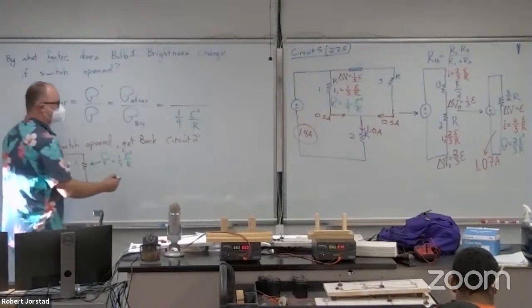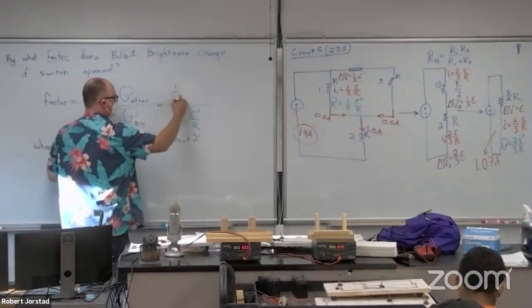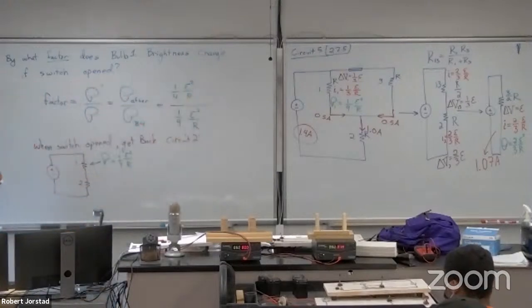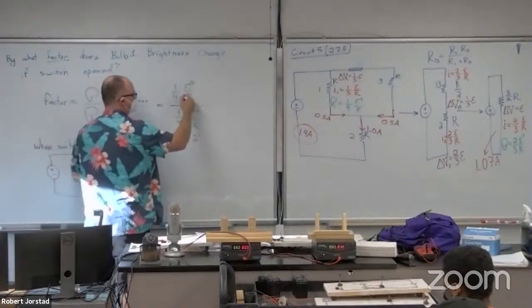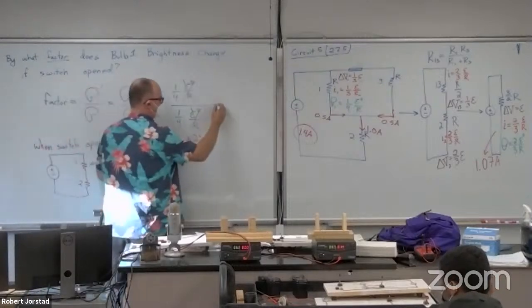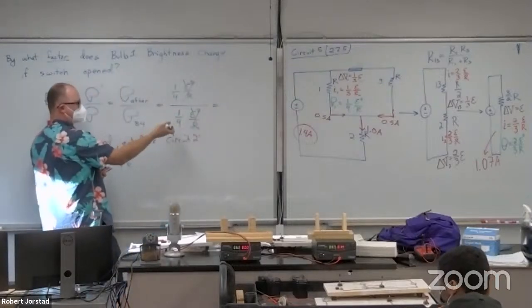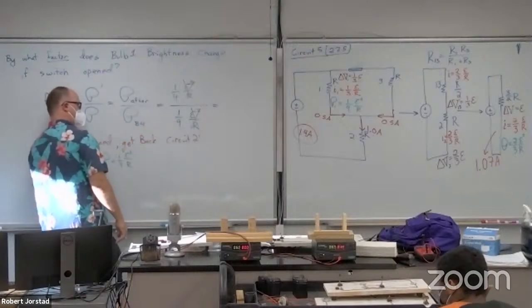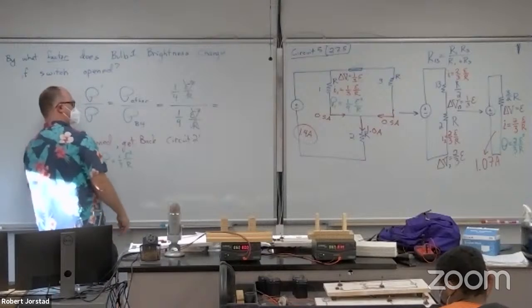So now I'm going to drop that into here. What drops out? E squared over R, right? What is the answer? 9/4.